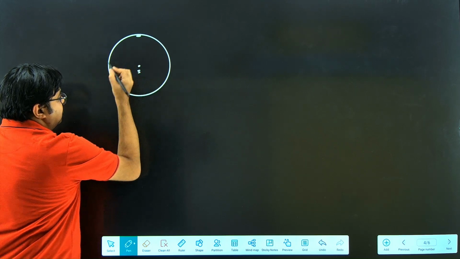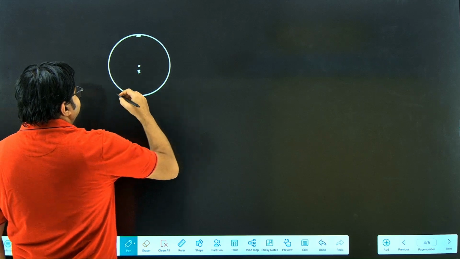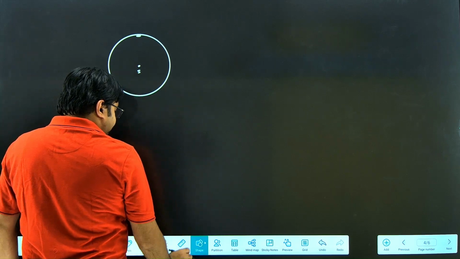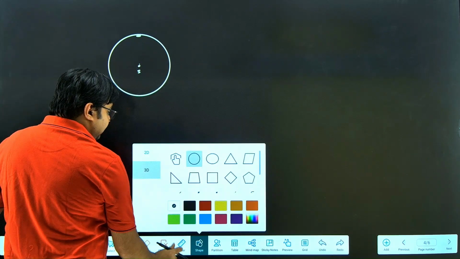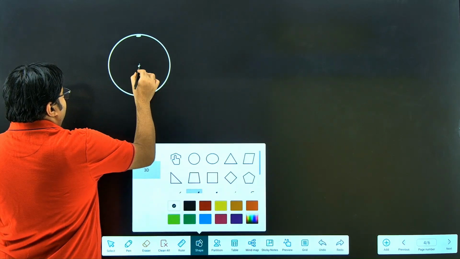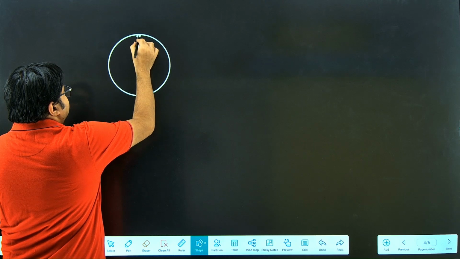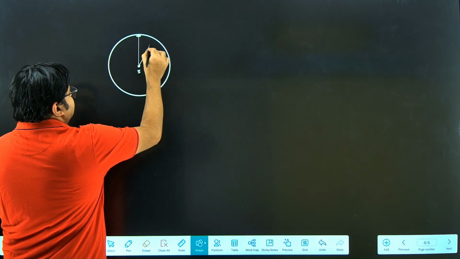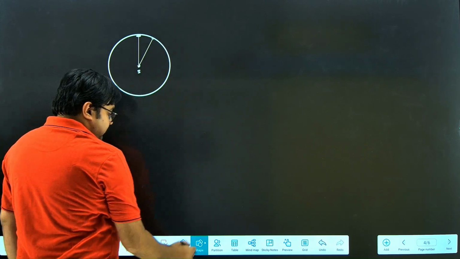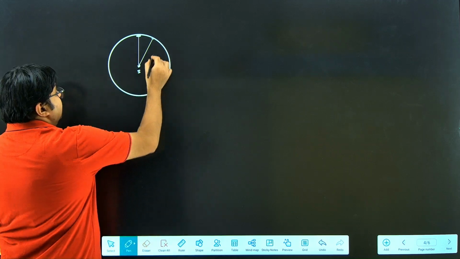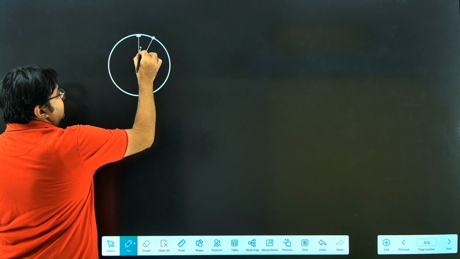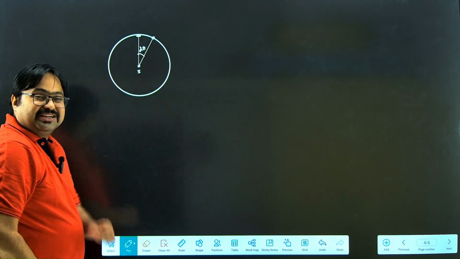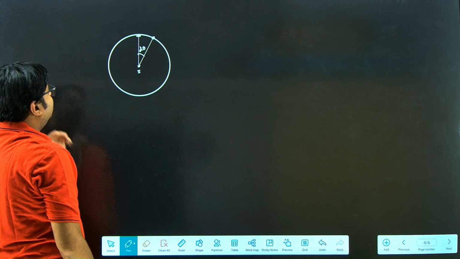Let me just mark that by writing S. Then I shall draw a position vector from here to this place, and then from here to this place, because the earth has moved by a very small angle. This small angle, dear friends, is, let's say, d theta. D theta is the tiny angle by which it has moved.